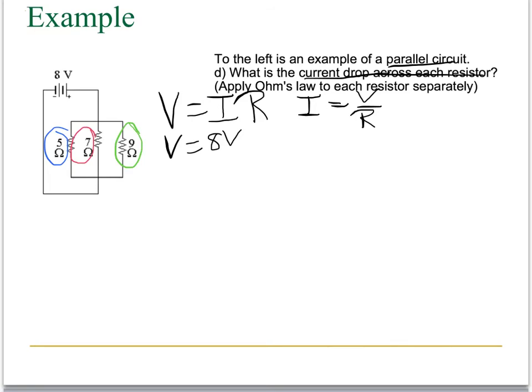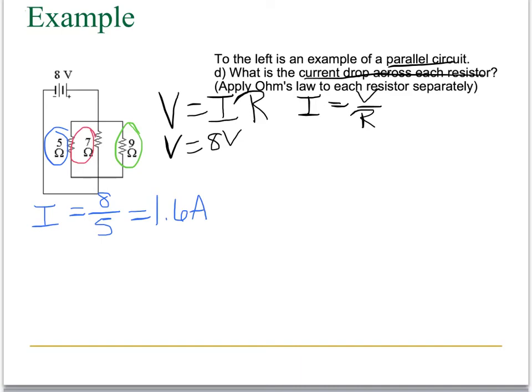So for our blue resistor, we have a voltage of 8 volts and a resistance of 5 ohms. So our equation is going to say current equals 8 divided by 5, which equals 1.6 amps.